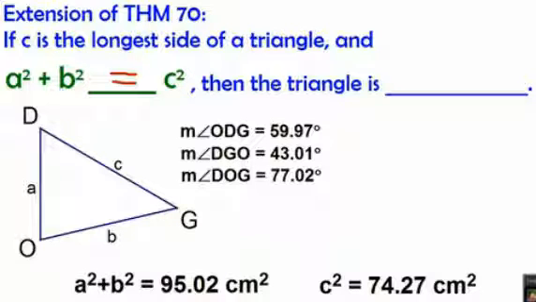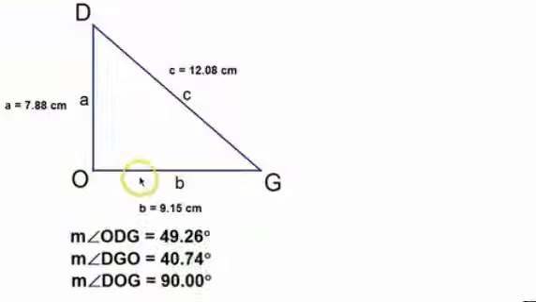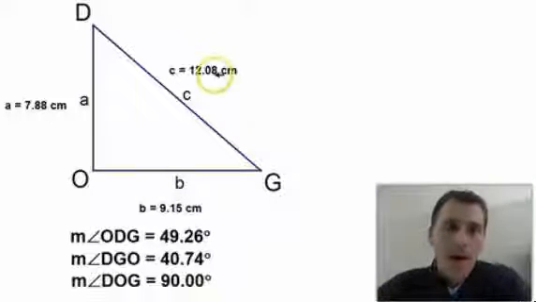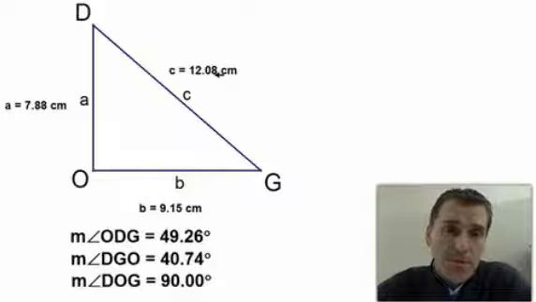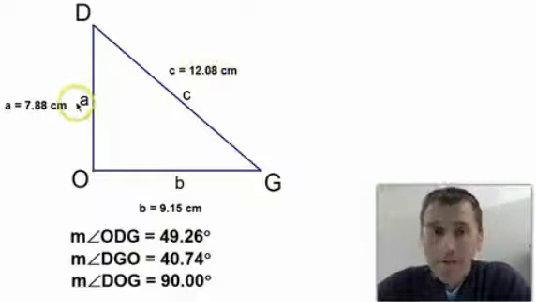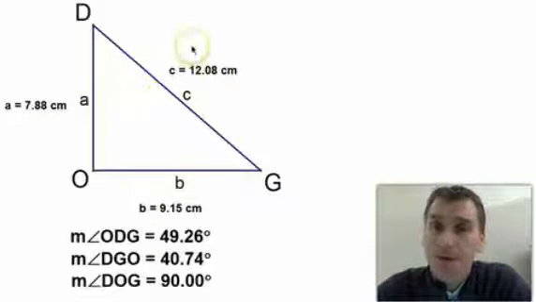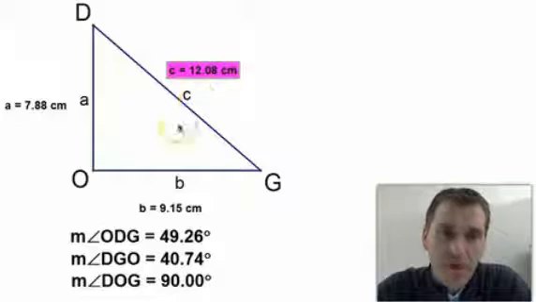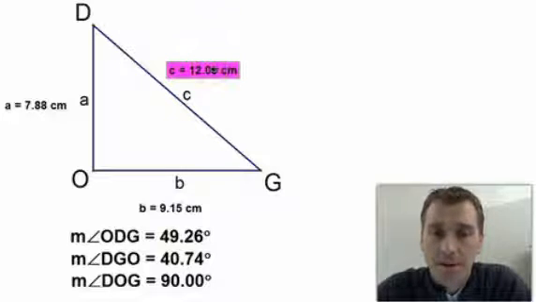Here's how it all kind of comes together. The idea behind all this is kind of simple. I'd write this down too. Anytime you have a triangle, I don't care if it's a right triangle, obtuse triangle, or acute triangle, here's something that's really cool. In this triangle, c is the longest side.